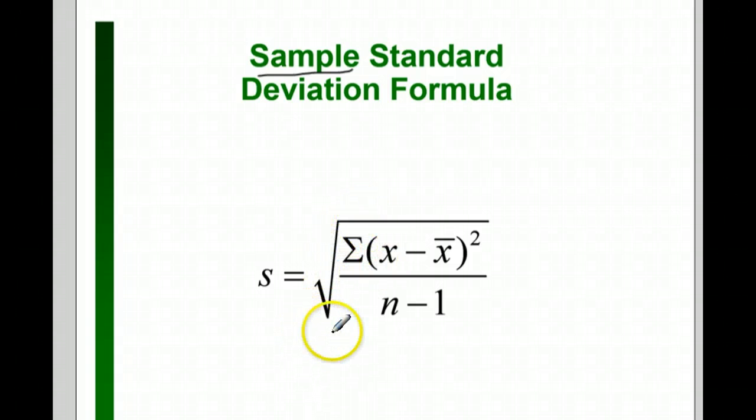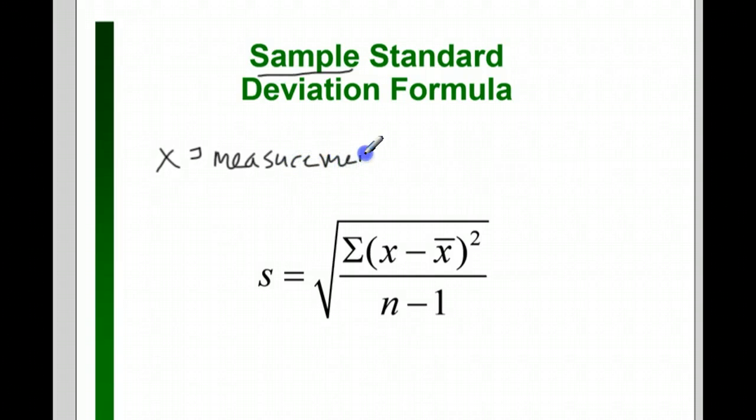Okay, so what's going on here is these x's are your measurements. That's just your data set, whatever your data is. And so what we do first is we find the mean. Okay, there's the mean.